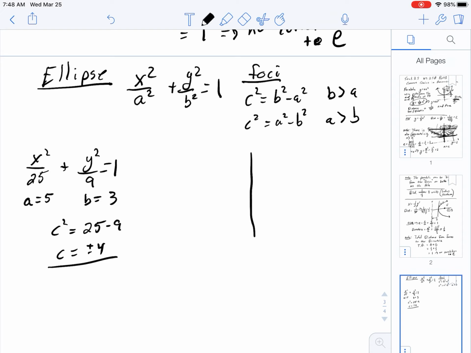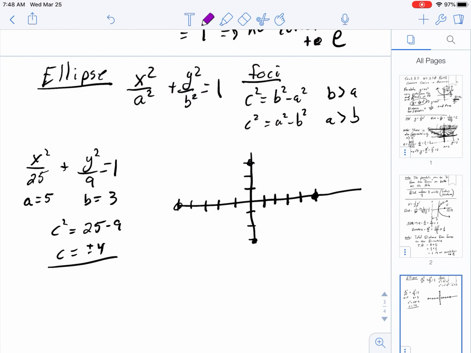And what would this look like? Okay, so since a is 5, on my x-axis I've got 1, 2, 3, 4, 5 and 1, 2, 3, 4, 5. My y, 1, 2, 3, and 1, 2, 3.